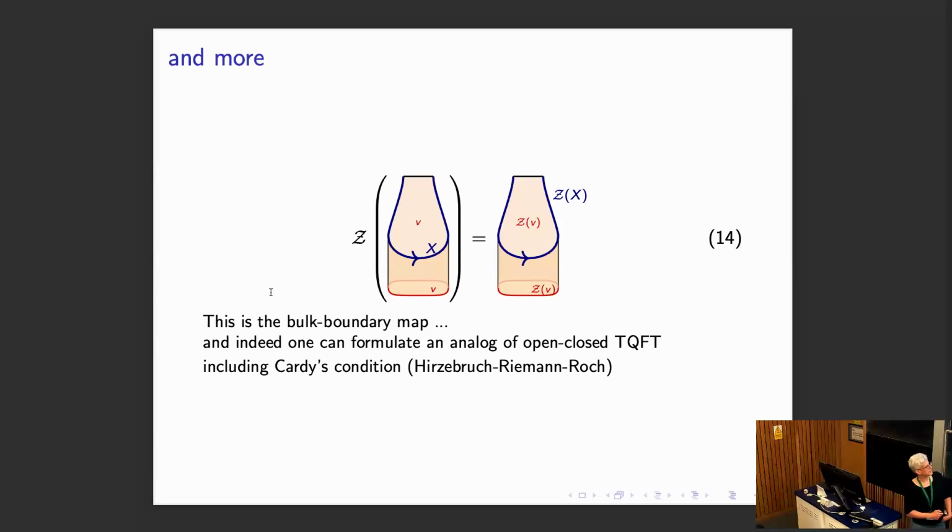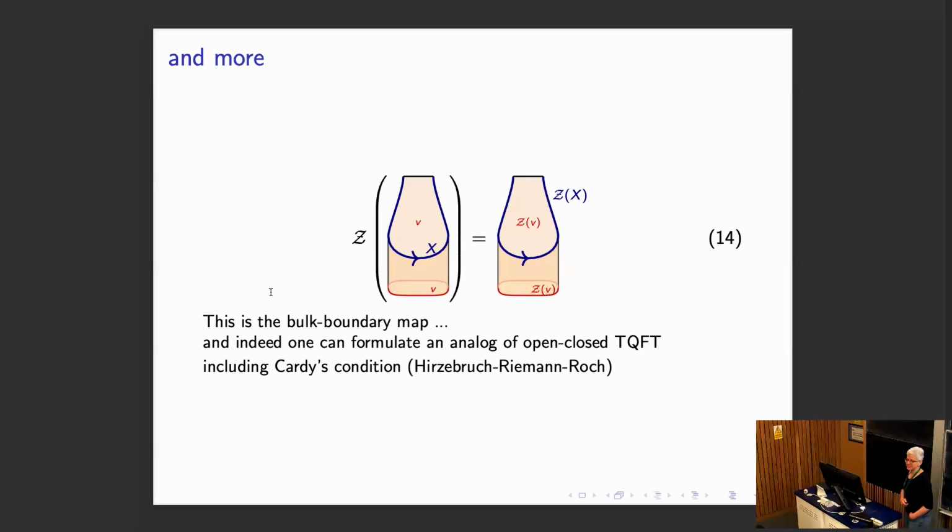And then we map it. So we include one of these boundary defects in this picture and evaluate the functor on it. So this is supposed to be the target category. And then that gives us a slightly unconventional bulk boundary map.